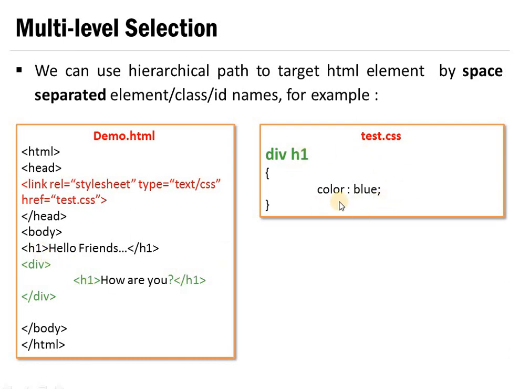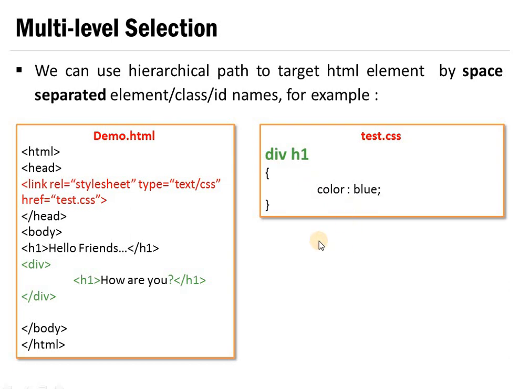So this is a way. Over here you can see div space h1. What does it mean? It is like a nesting connection. First it applies to the h1 tag, but which h1 tag? The h1 tags which are in the div tag.